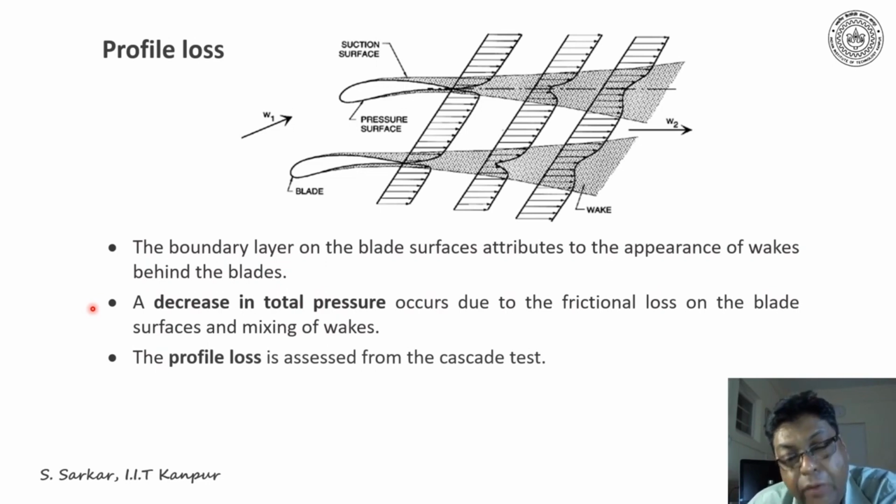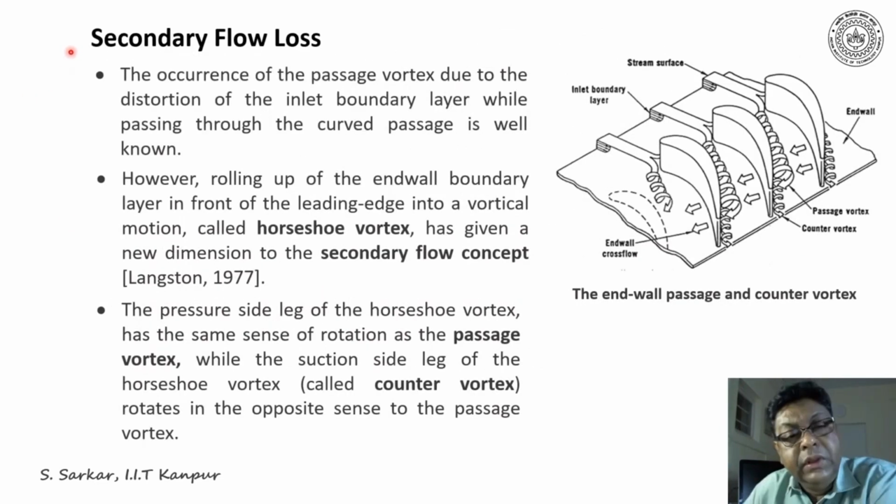appreciated from cascade test. The origin of secondary flow is the formation of boundary layer on the hub and casing and the distortion of this boundary layer within the blade passage forming passage vortex, as indicated in this figure here.